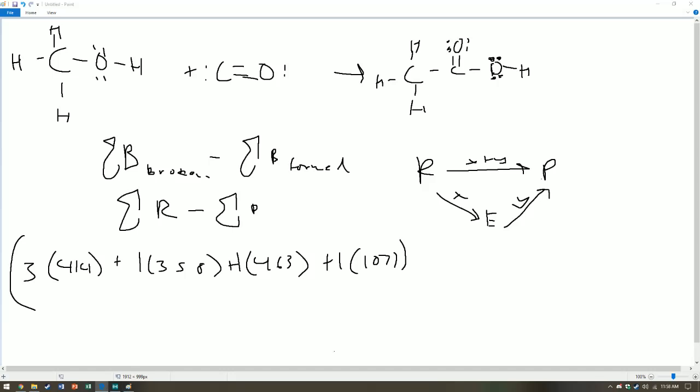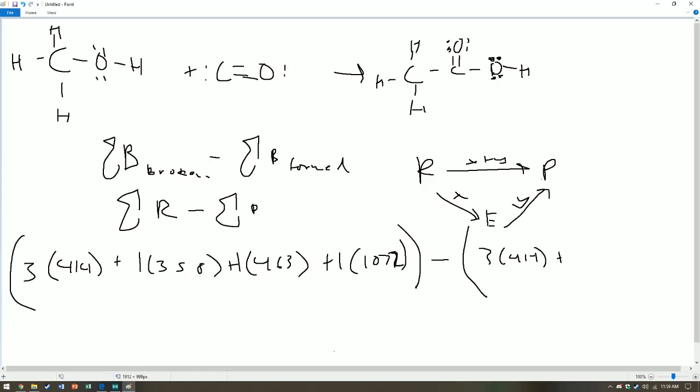If I go back here and scroll, I get 1072. Whoops. So that was 1072. And then bonds formed, which is 3 times 414, plus 1 C=O.